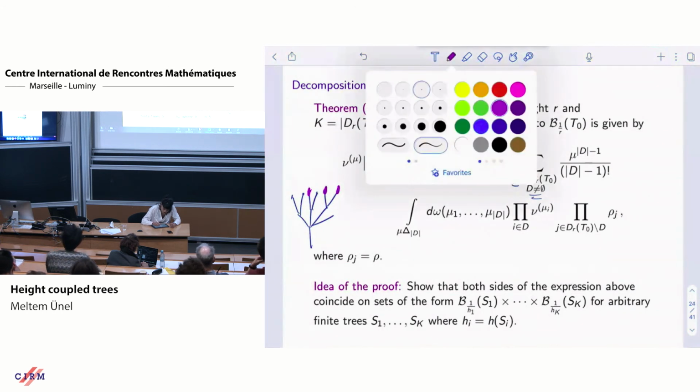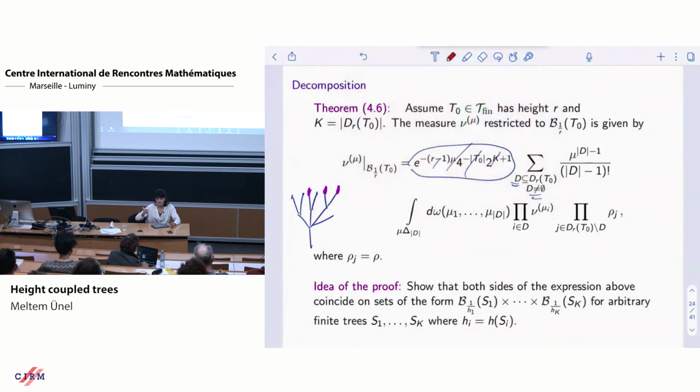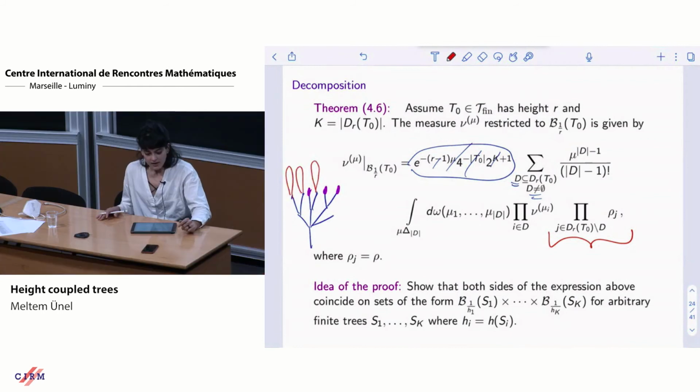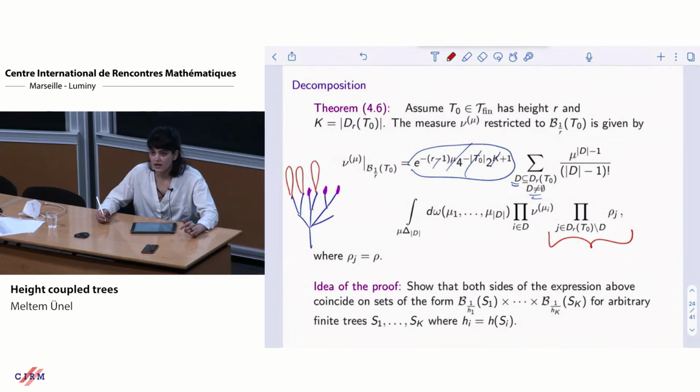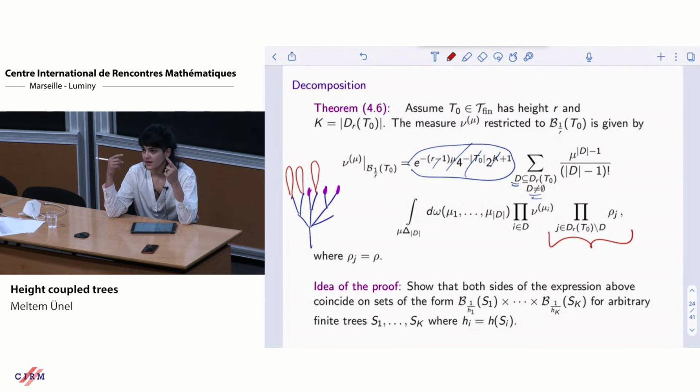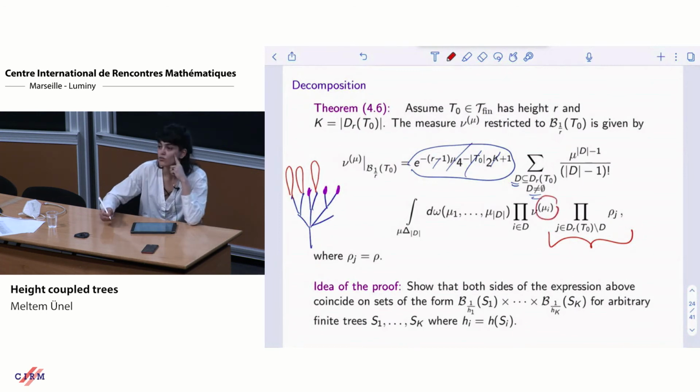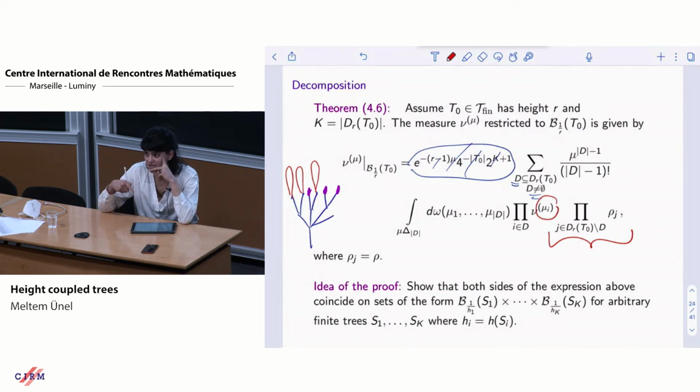On top of the vertices that are not in the subset that I choose, I'm going to attach finite planar trees that are distributed according to this critical binomial Galton-Watson measure. So these are going to be the finite trees. Whereas on the other branches, there are going to be infinite trees that I will attach that are distributed according to this measure nu mu, but such that these mu_i's are now distributed according to the probability measure on the simplex.